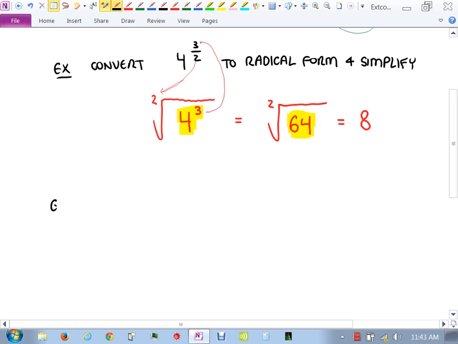Shall we do another? How about this one? Convert this one to a radical. See if you can do that one.